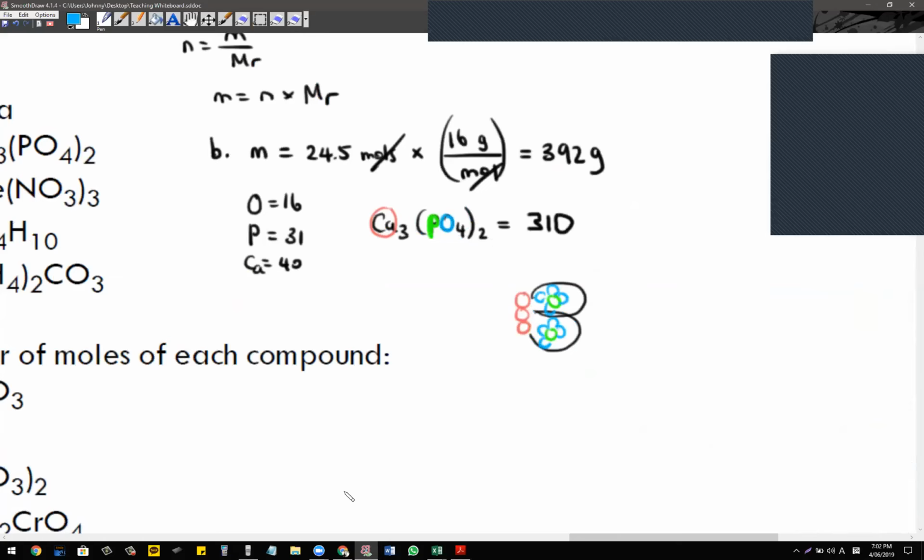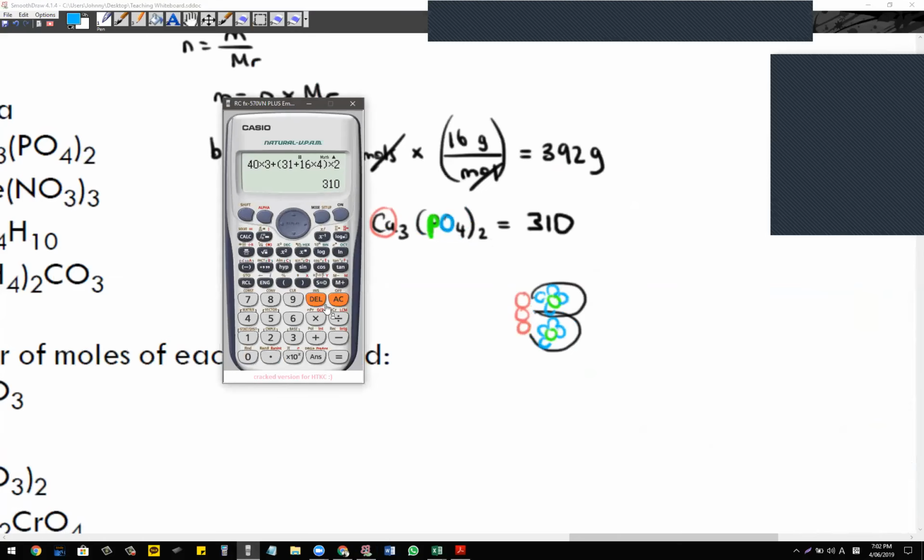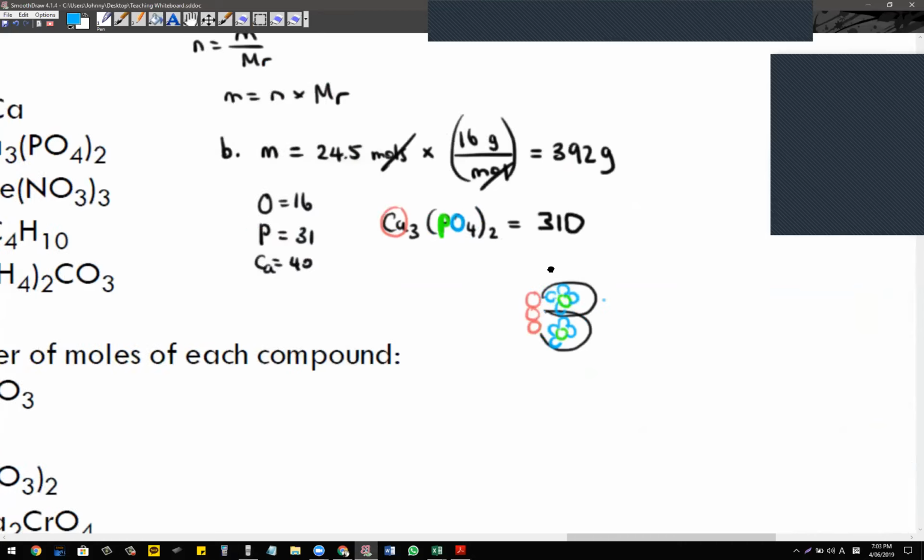So that's why I can get it like this: 40 times 3 plus 16 times 8, because oxygen is 16, times 8, plus 31 times 2. You get exactly the same. Okay, so that's how you work it out.